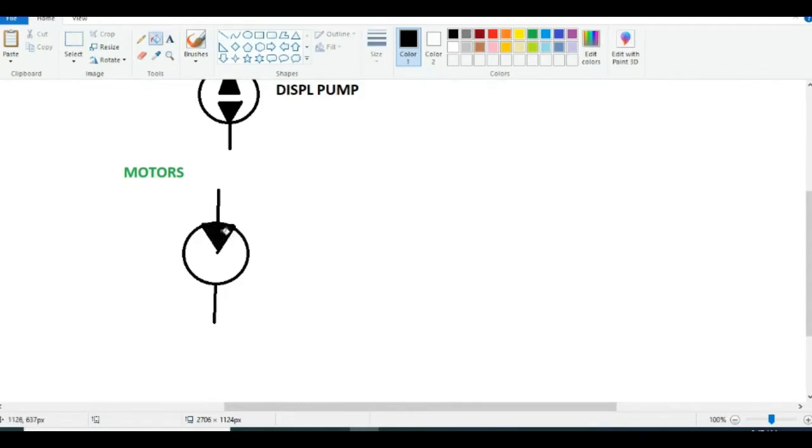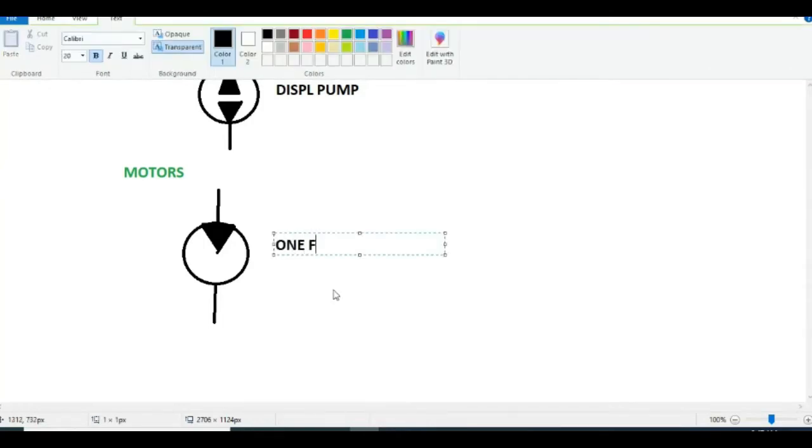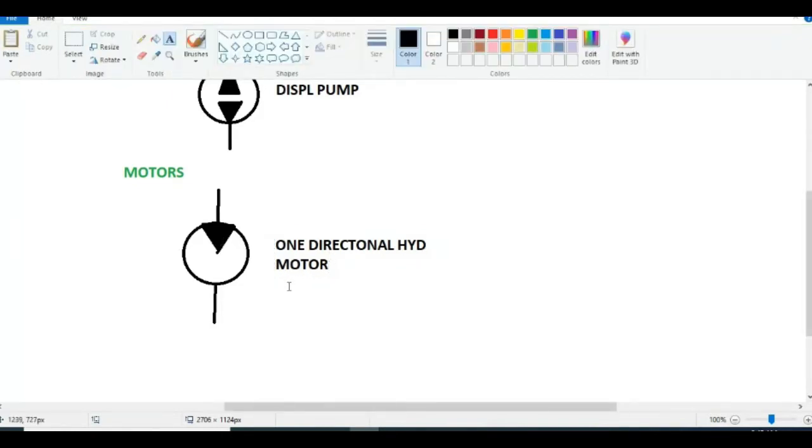This is the symbol for the one directional hydraulic motor. If this arrow is not filled, then it is a one directional pneumatic motor.